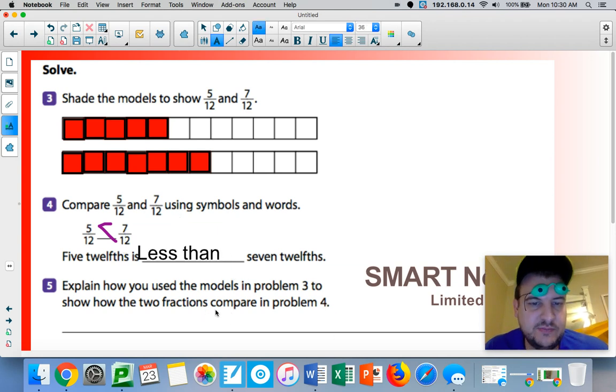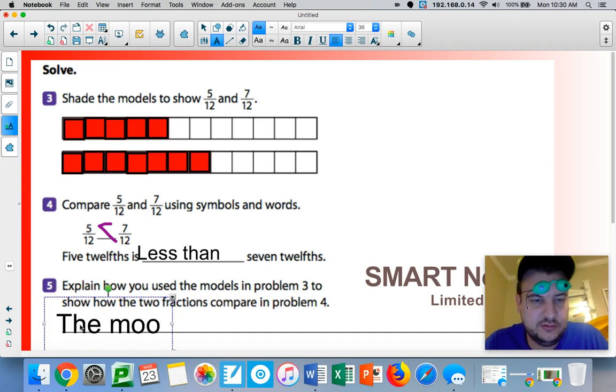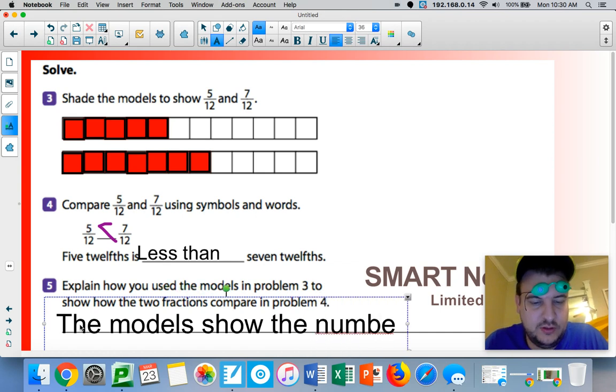Explain how you use the models in problem 3 to show how two fractions compare in problem 4. Problem 3, problem 4. The models show the number of pieces in the set.